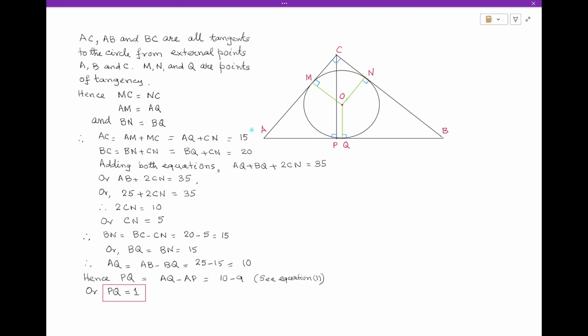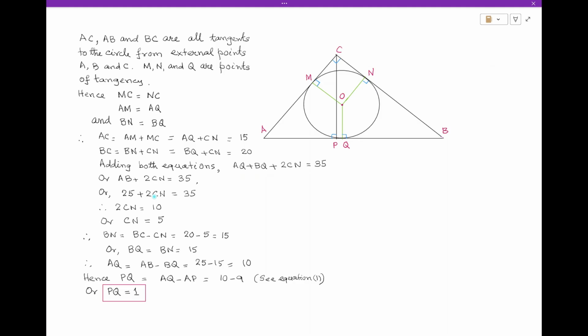If we add both sides of these two equations, we get AQ plus BQ plus 2CN is equal to 35. But AQ plus BQ is equal to AB.